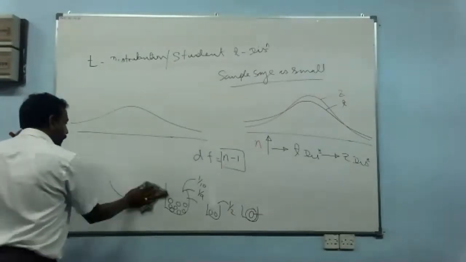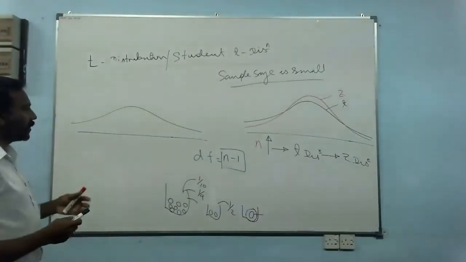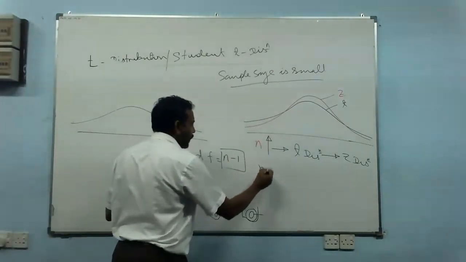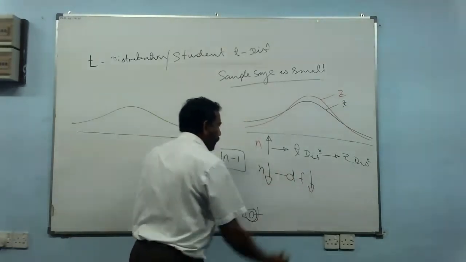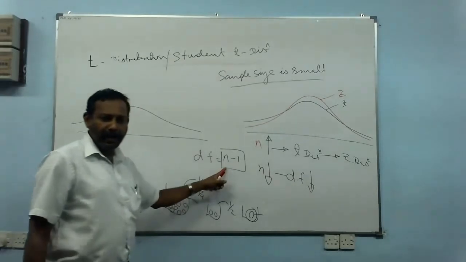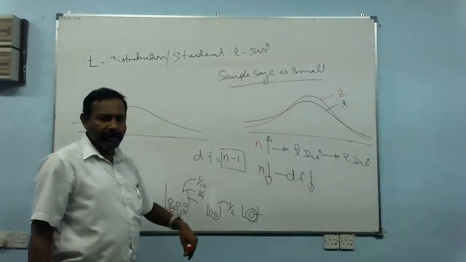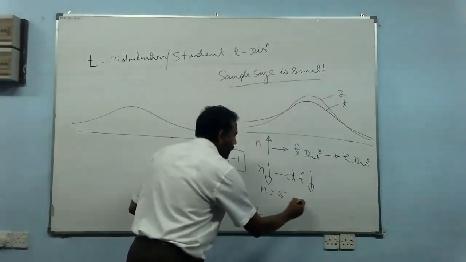So in the degrees of freedom, when the sample size is low, when n is low, definitely degrees of freedom is also low. So degrees of freedom depends on the sample size. For example, if n is equal to 5, what is df?